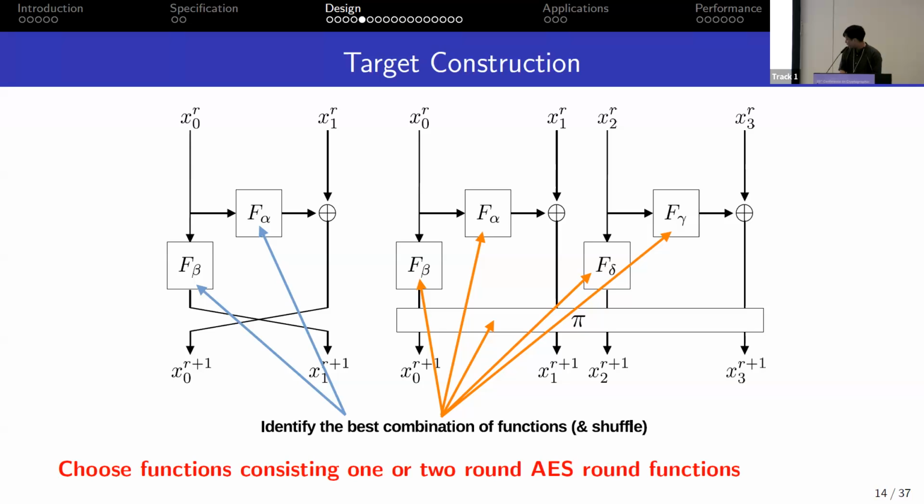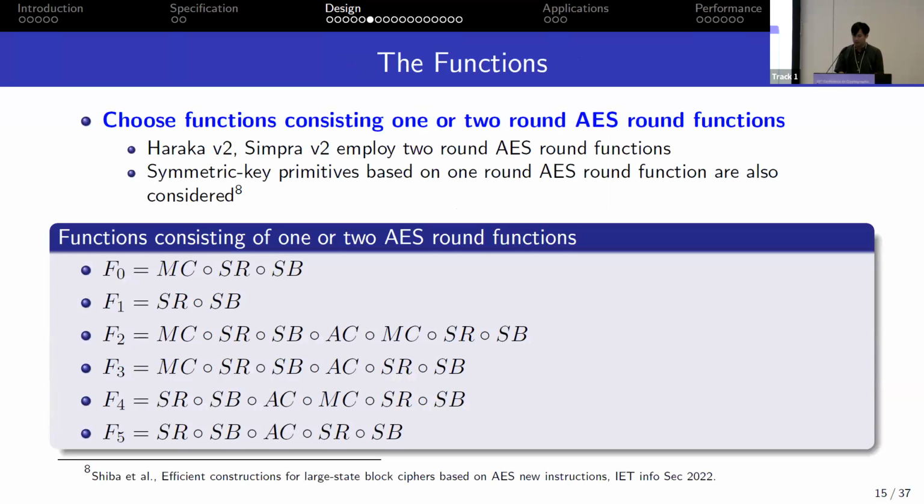These functions are selected from functions consisting of one or two AES round functions. This is because Haraka v2 and Simpira v2 employ two-round AES functions, and other research shows that symmetric-key primitives with a larger block than AES that use a one-round AES round function are also considered.